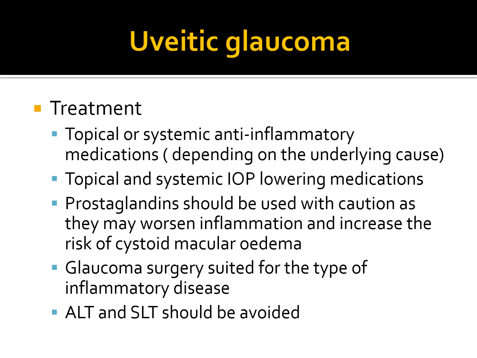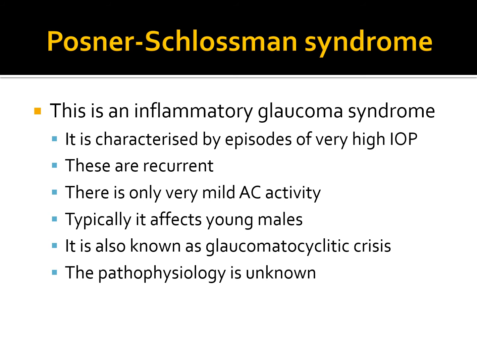That could logically make matters worse. So, contraindications aside, it would be more logical to use a different sort of IOP lowering med. And ALT and SLT should be avoided, I would argue, because they generate heat, and that's going to generate inflammation as well.